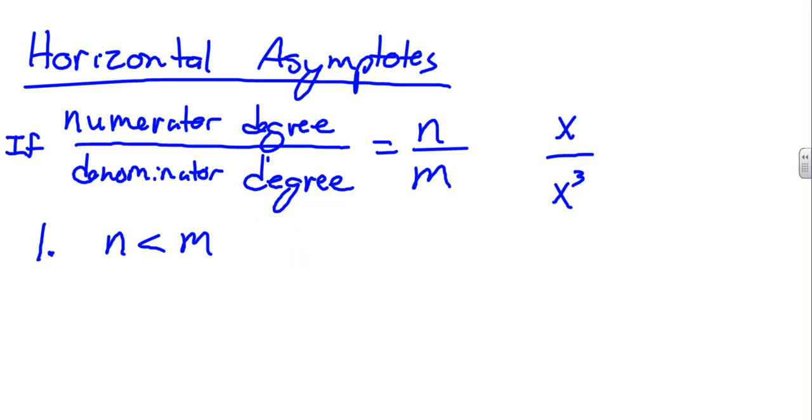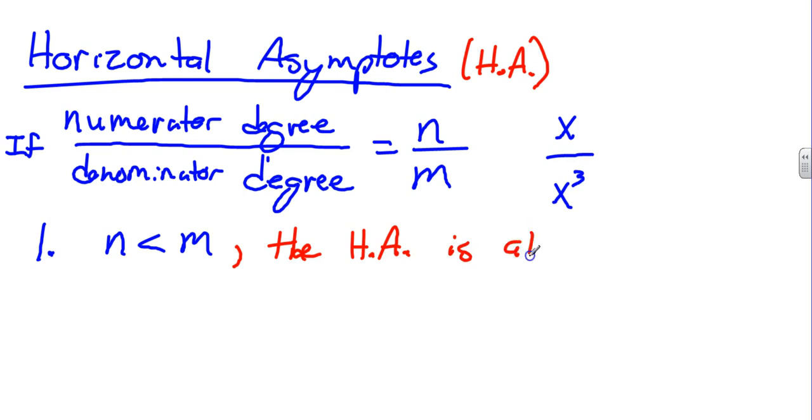Okay, and just so we don't have to write horizontal asymptote a million different times, just put HA, just make it go faster. So if the numerator degree is less than the denominator, then the horizontal asymptote is going to be at y equals 0, which means it's going to be right on top of the x-axis.